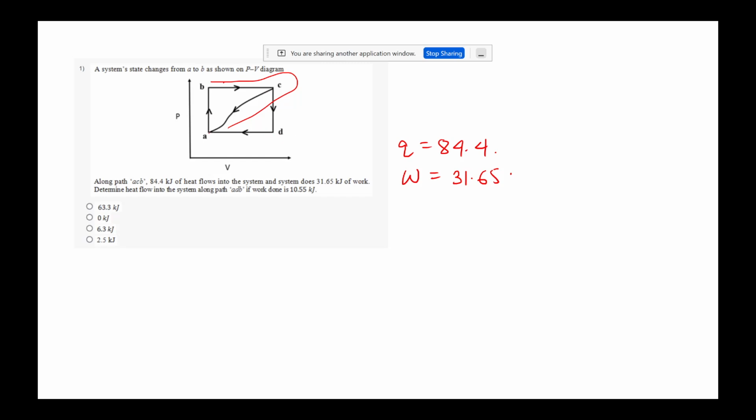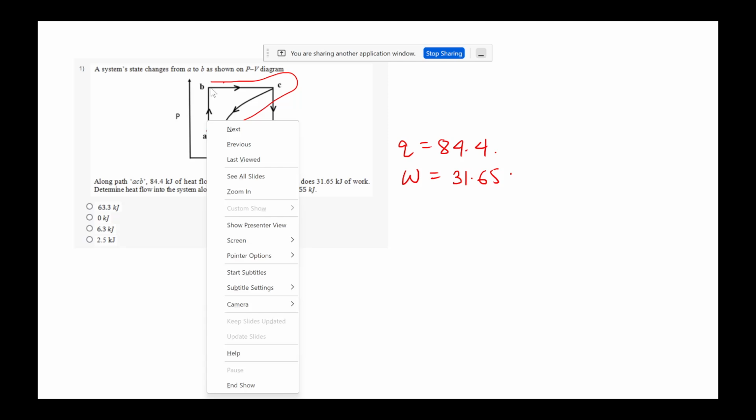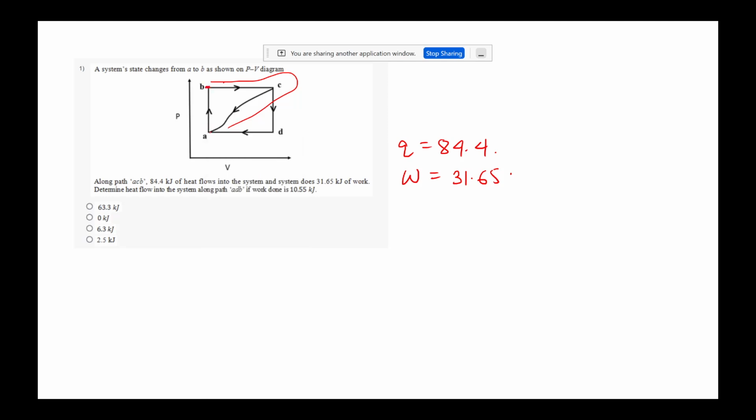Now since we have these two points, we know delta U, internal energy, which is UB minus UA. This is Q plus W. So whether we go this way or any other way, delta U will be the same. Since the system does the work, this will be negative.